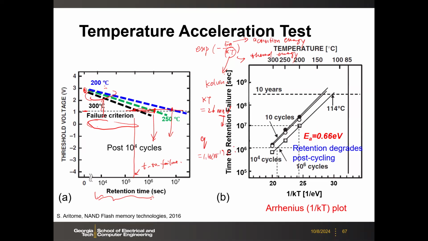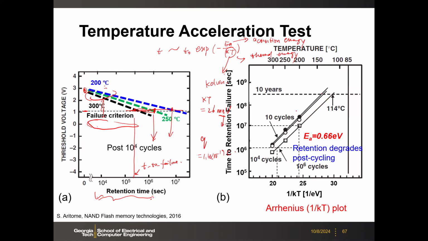But my point is that if you plot the log of the time to failure as y, and then you plot 1 over kT in the unit of 1 over electron volts, then you get a straight line.